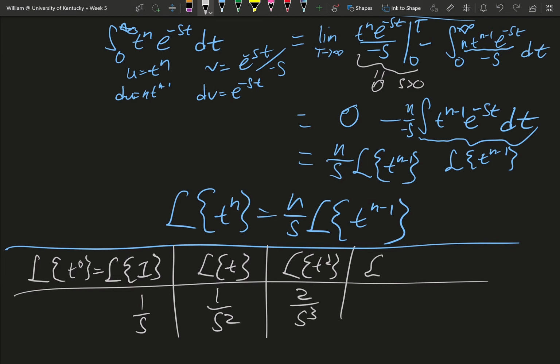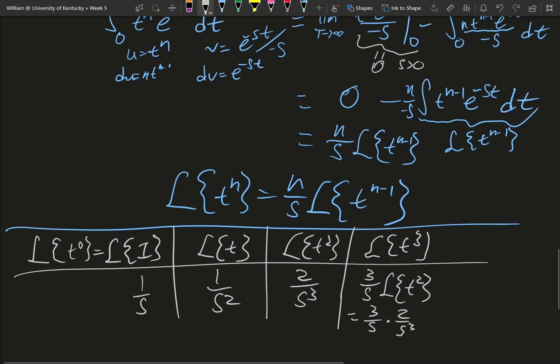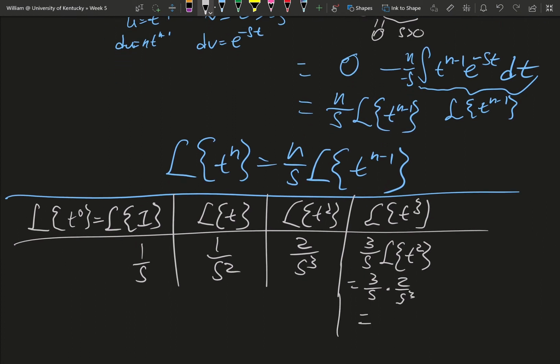And now the first one we haven't computed yet, t cubed, well, that's going to be 3 over s times the Laplace transform of t squared, but that's just 3 over s times 2 over s cubed, which gives us our answer, 6 over s to the fourth.